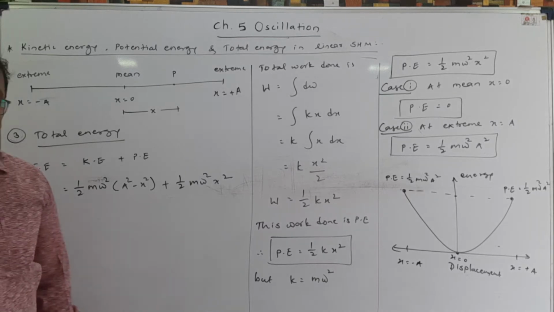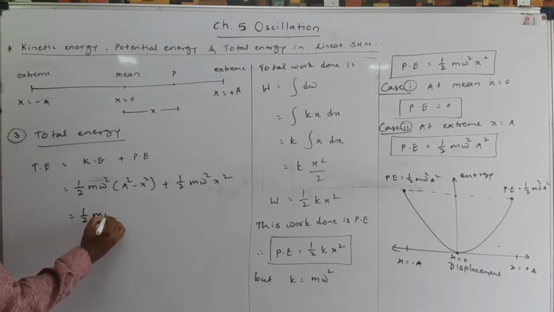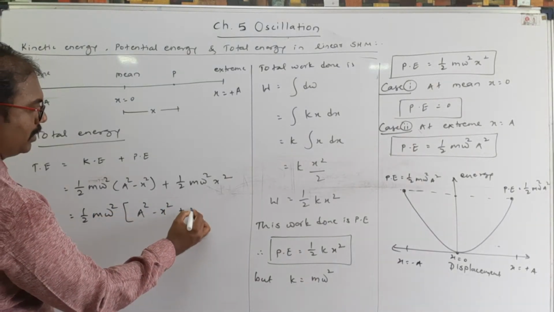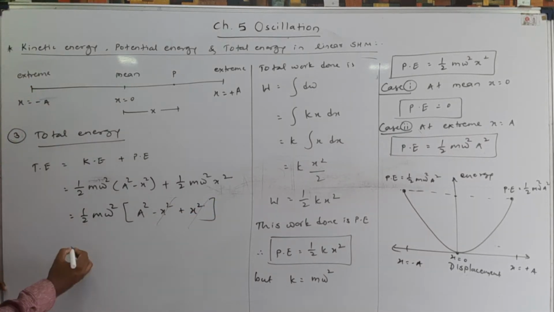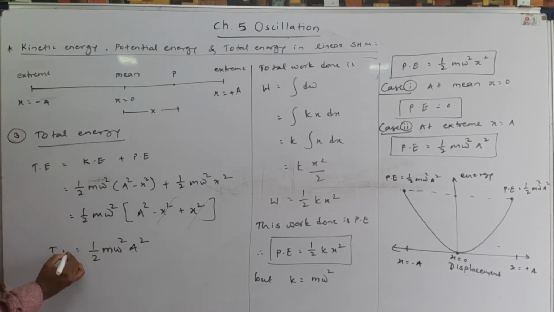Now we can take 1/2 m ω² common from both. 1/2 m ω² is common, then a² − x² + x². Now this −x² + x² gets cancelled and we get total energy is 1/2 m ω² a². So this is the expression for total energy.